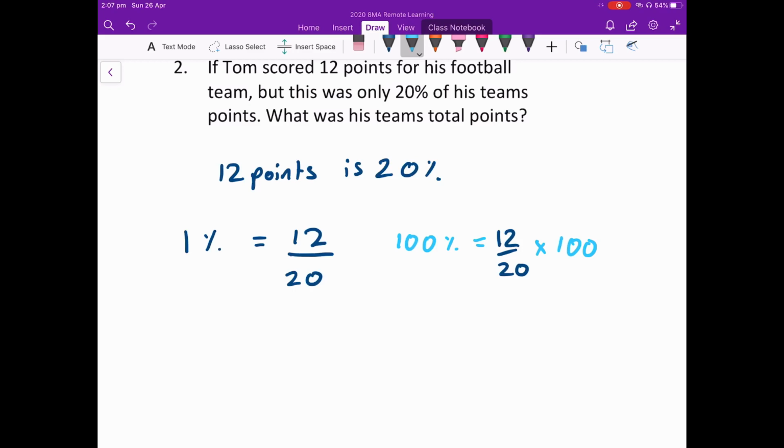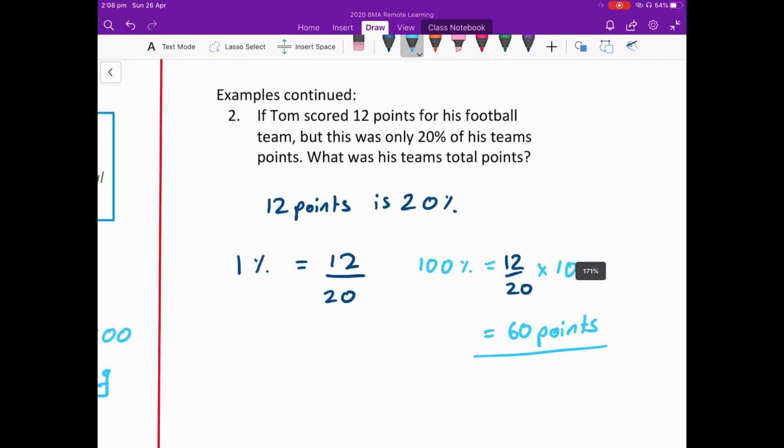And often when you're at the shops, this situation where you want to use the unitary method can be very useful, especially when you're trying to find bargains and discounts when they're given as percentages. So here, I put this into my calculator and I got an answer of 60 points. So the total team points there was 60 points, and Tom scored 20%, which was 12 points.